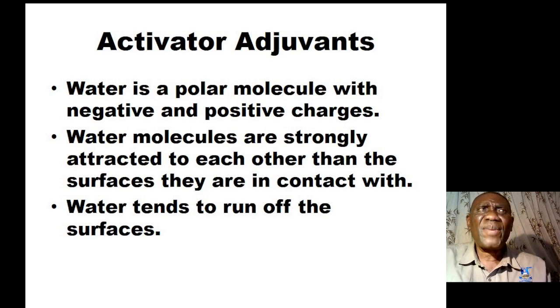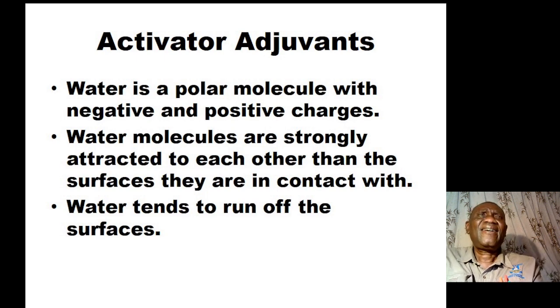Water is a polar molecule with negative and positive charges. Water molecules are more strongly attracted to each other than to the surfaces they are in contact with. So water tends to run off the surfaces.